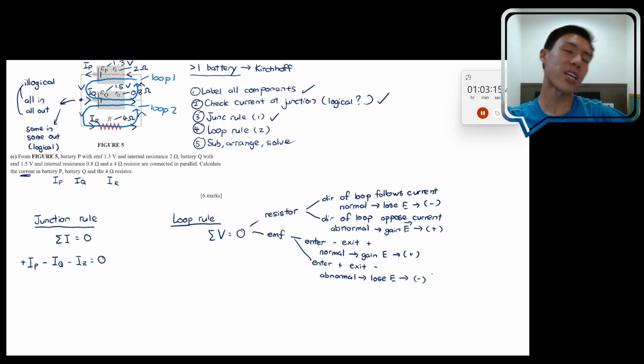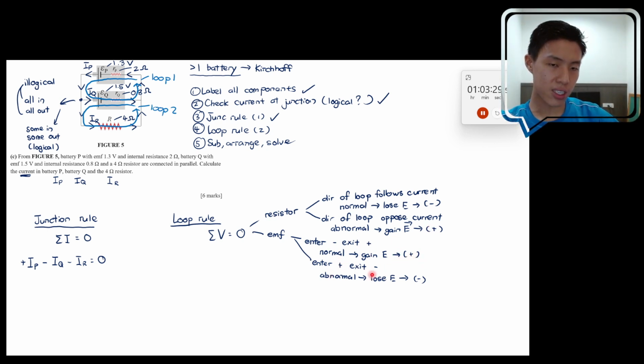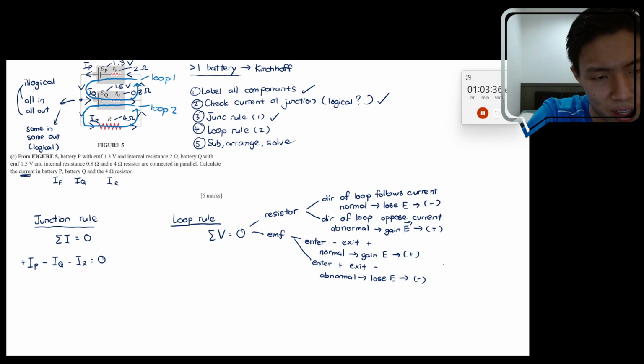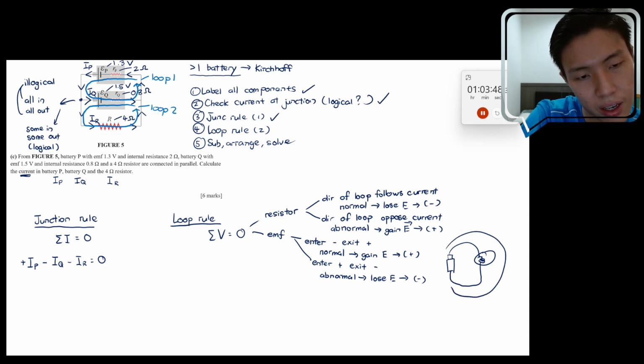Because every current, if you flow through the battery, technically you are getting energy from the battery. So you should gain energy. So that's positive. But if you are going in the reverse direction, when you enter through the positive terminal and exit through the negative terminal, you lose energy. That's why it's negative. To explain this a bit further, in any kind of circuit, this is your battery, this is your light bulb, your current flows this way, right?